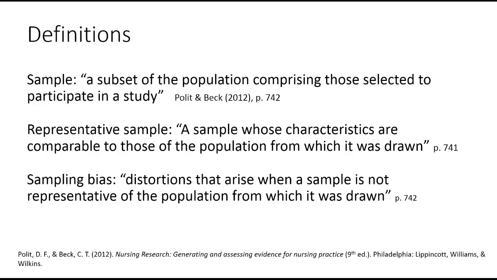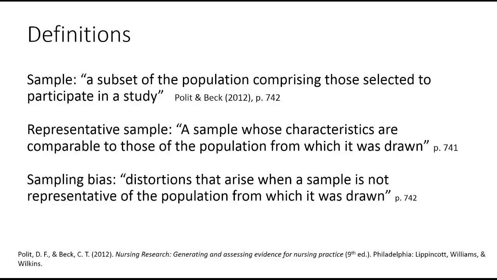So I'd like to start with a few definitions. Kim and Mallory talked about this difference between a population and a sample. When we do a study, we're often interested in doing that study for a certain population. For example, people who are at risk for type 2 diabetes would be a population that we might be interested in.